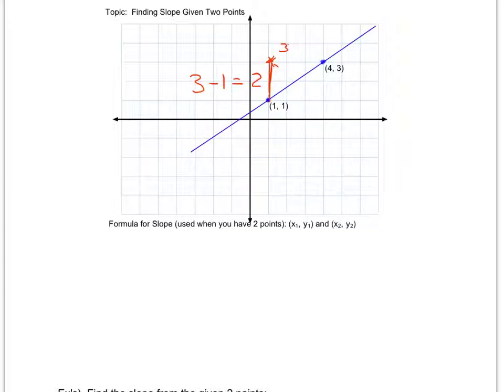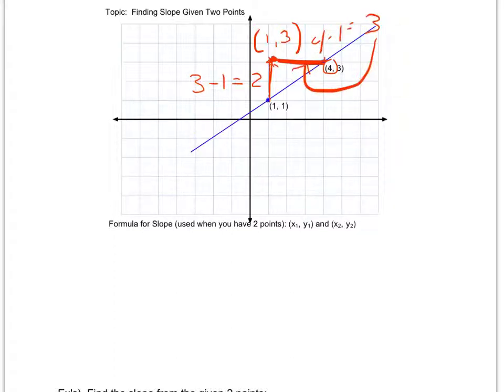Couldn't I also say my run right here comes from taking this x value of 4 and subtracting this x value of 1, if I label this point here, maybe that's a better way to do it. Couldn't I say that that comes from taking 4 minus 1, and that's what gives me the 3?